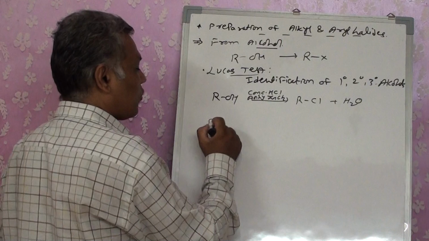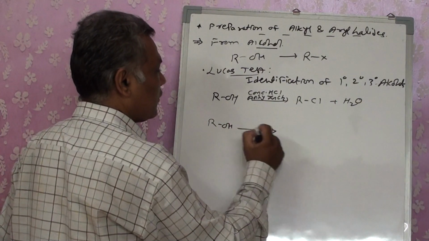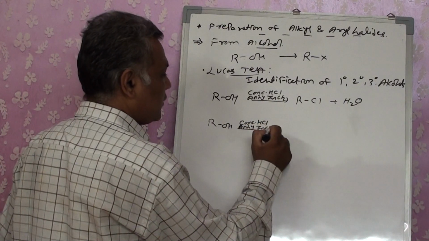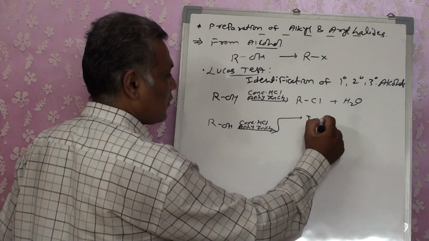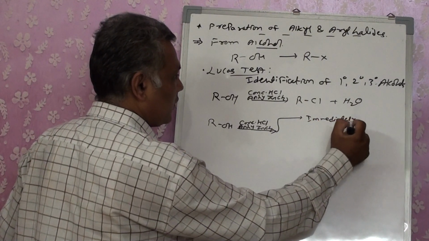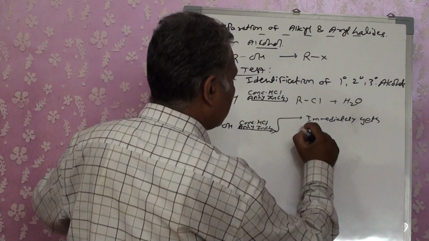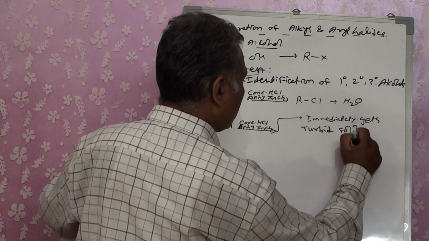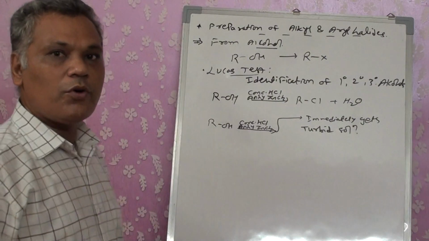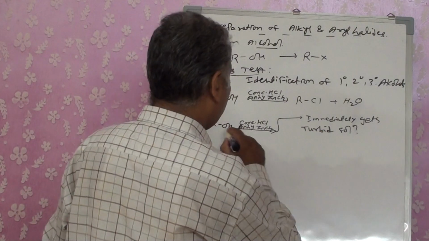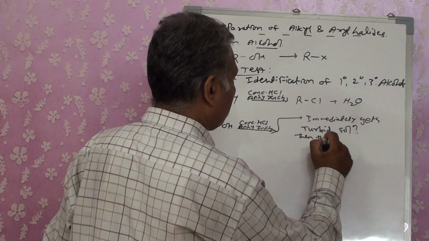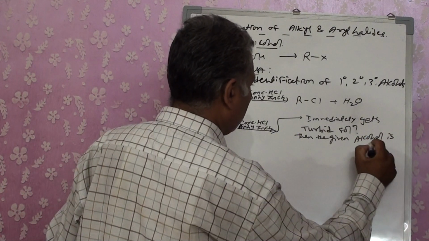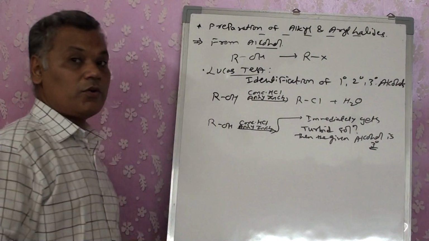If this ROH, on reacting with concentrated HCl and anhydrous ZnCl2, immediately gives a turbid solution, where turbid means oily droplet formation takes place, then the given alcohol is tertiary.